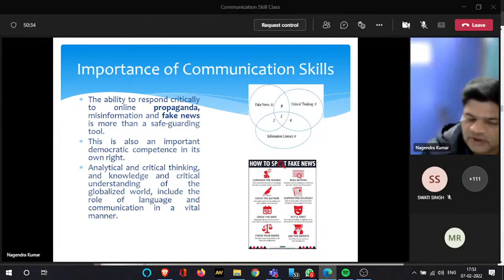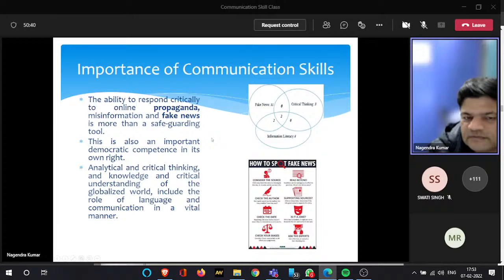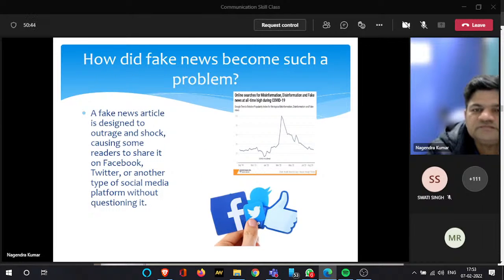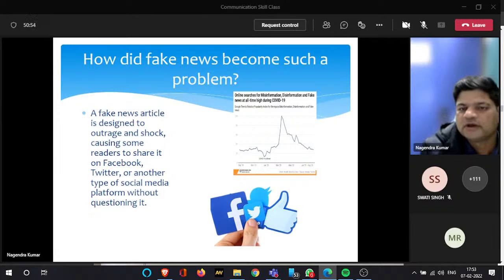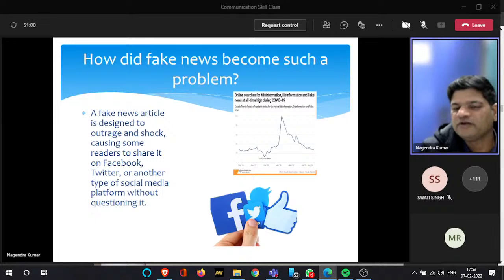You can also ask the experts whether this particular site is authentic or not, and why and how it has become such a big menace that all of us would like to know. So online searches for misinformation, disinformation and fake news were at an all-time high during COVID-19.